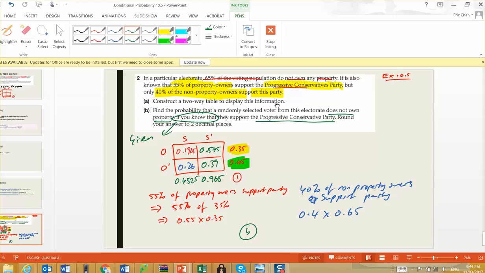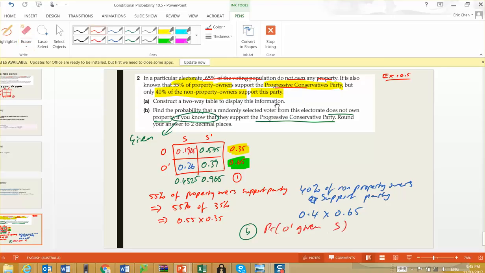Remember with these probability questions, we want to find how our sample space has been reduced because we're given something. So it's the probability of not owning property, given S.